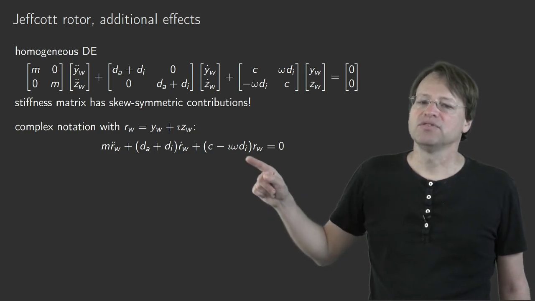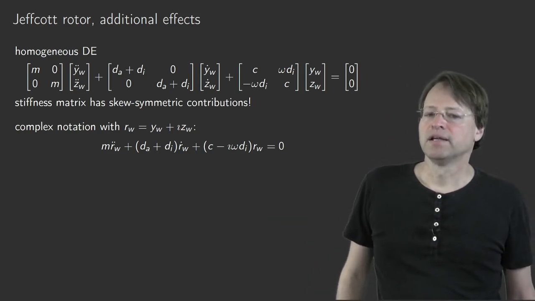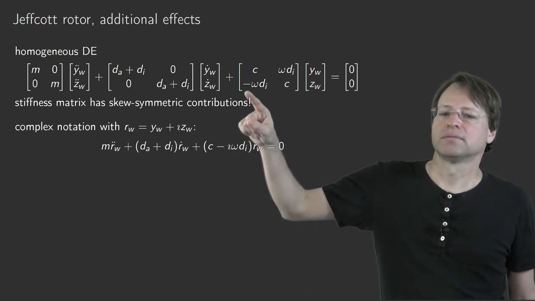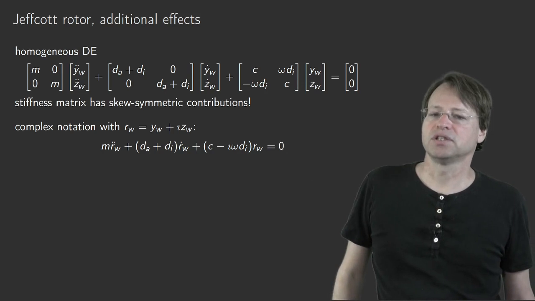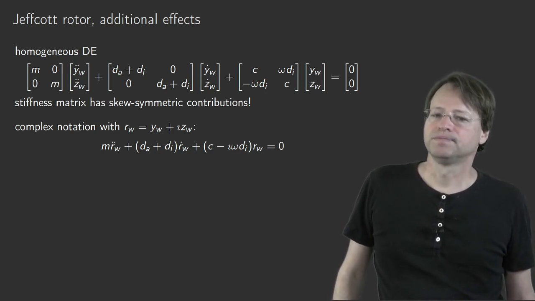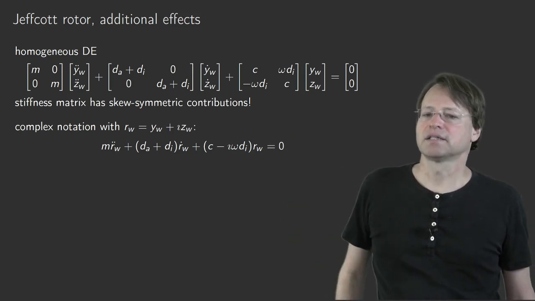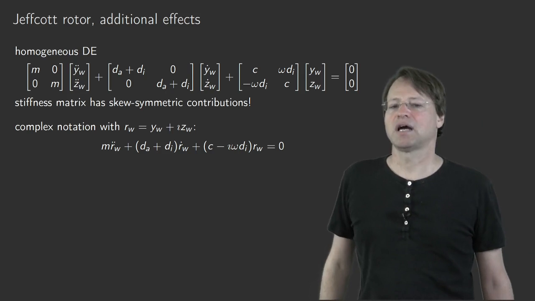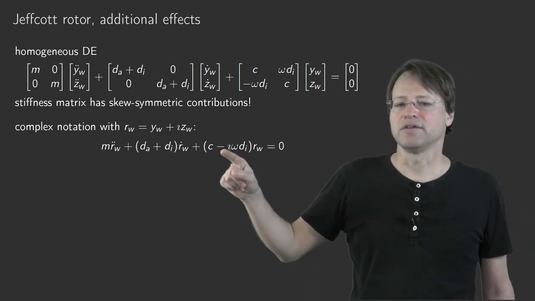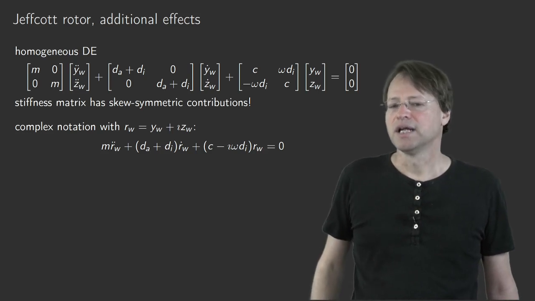And now for the stiffness term, things are a little bit more involved. So think of the first part. If you have C in the first equation, you have C y sub W plus omega d sub I z sub W, and you have to add a minus I here in order to arrive at C minus I omega d sub I r sub W at that real part.